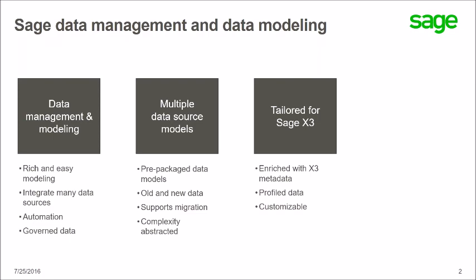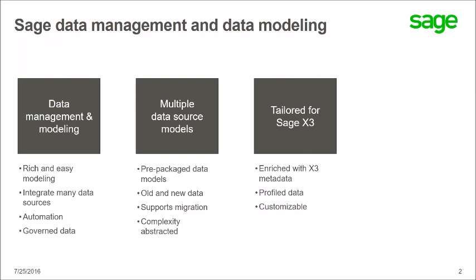The Sage Data Management and Data Modeling solution has a deep understanding of Sage X3 as a data source. Data Management and Data Modeling not only captures the data needed for your Sage X3 analytics, but also captures the metadata, or information that defines the solution, such as captions for columns, localization captions, dimensions, relationship configurations, and many other empowering technical details.